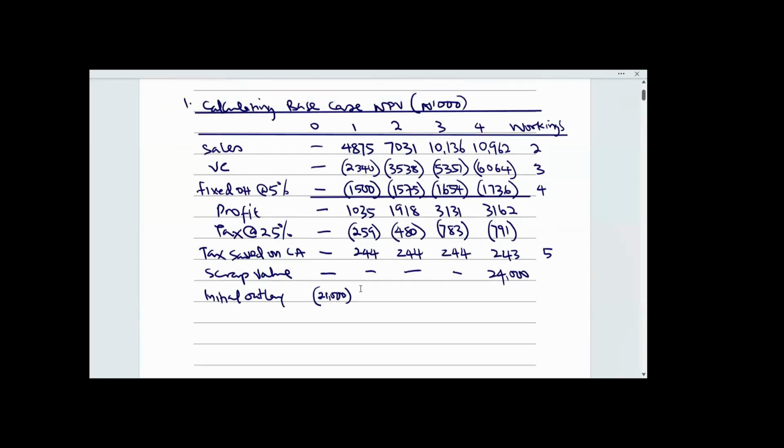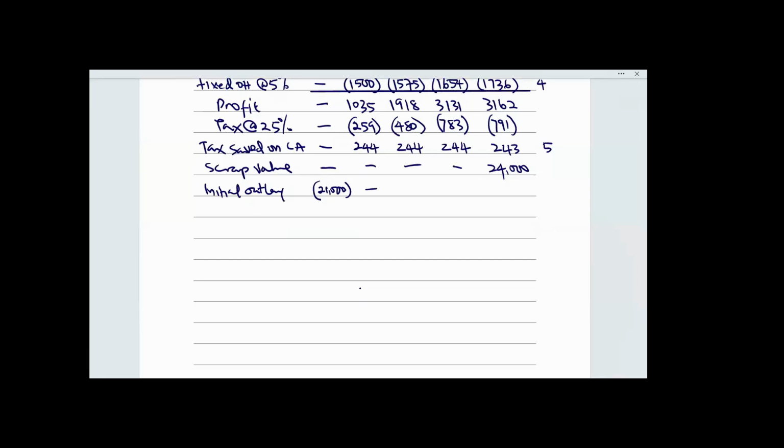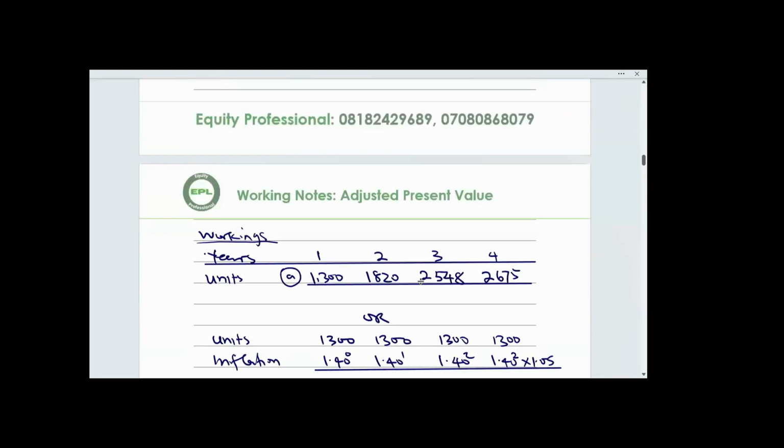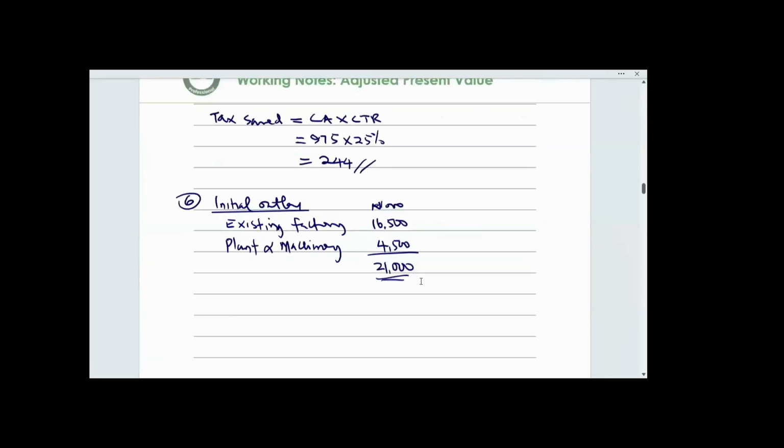Next, after initial outlay, the next thing we want to do is to calculate working capital. So let's go back to the question. How do we treat our working capital? That will be working number 7.